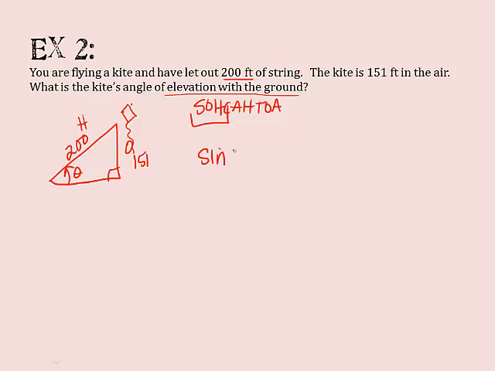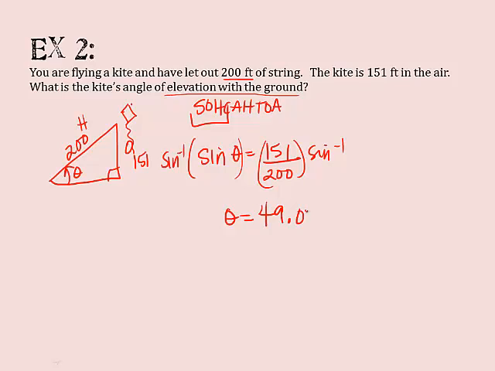So I would say the sine of theta equals opposite, which is 151, over the hypotenuse. But I have to do the inverse sine. So to find theta, on my calculator, I'm going to hit second sine and 151 divided by 200. And I find out that that angle is 49.03 degrees.